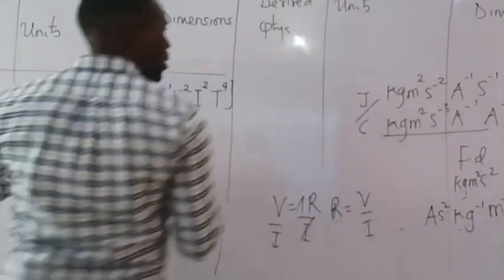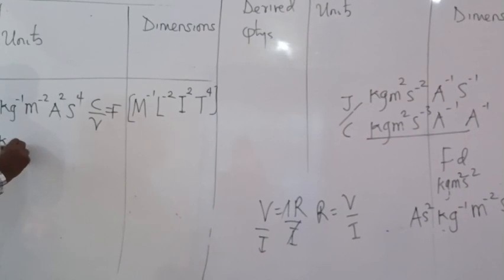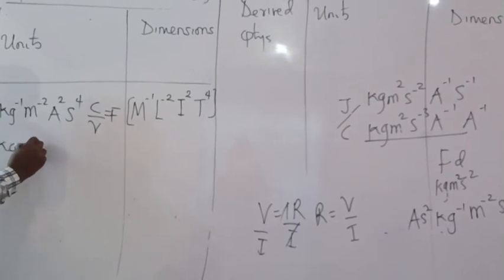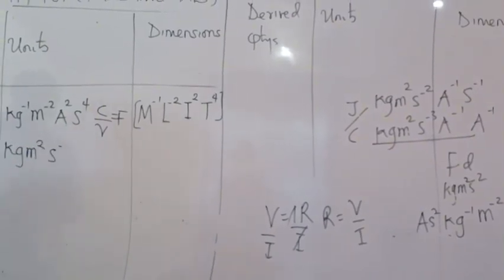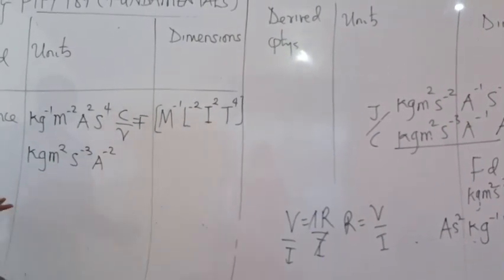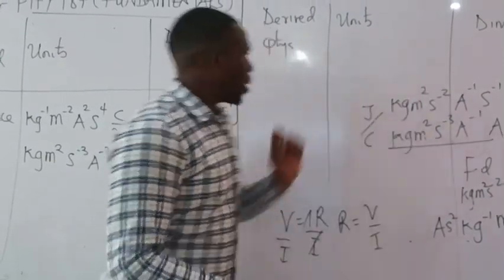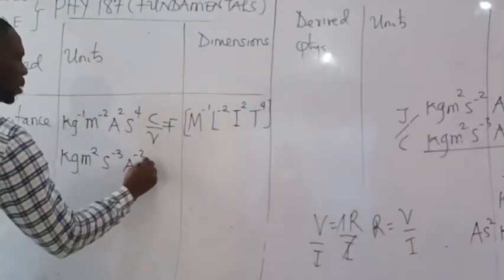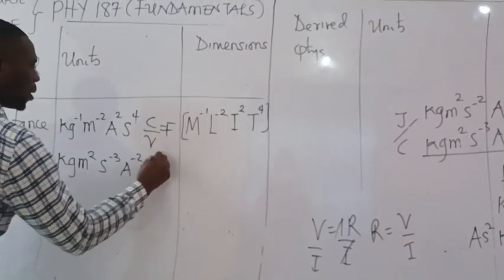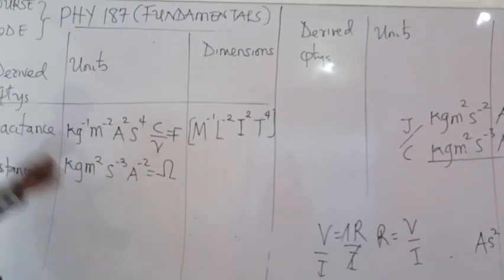So resistance would be kilogram, meter raised to power 2, second raised to power minus 3, ampere raised to power minus 2. So this is volts per ampere. Alright, now we use the derived unit to be ohm. So one of these is the same as 1 ohm.